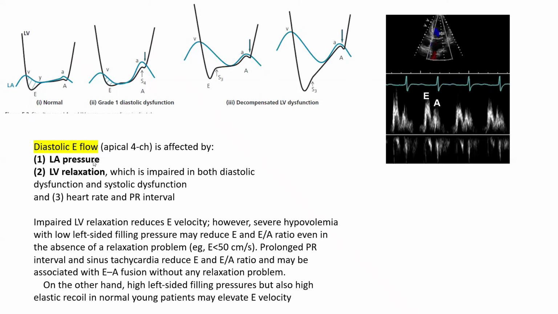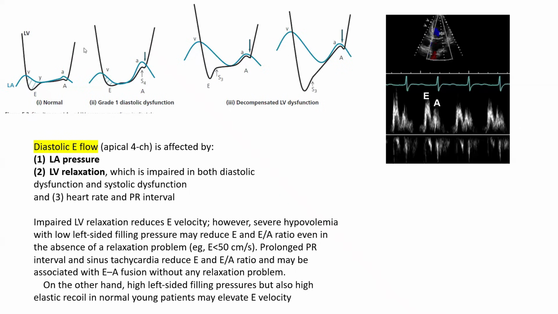But E wave is also, more importantly, determined by LA pressure. The higher that LA pressure and the V wave, as you see here, the higher the E velocity. The higher that V wave, the higher that E velocity. So E is determined predominantly by LA pressure and by LV relaxation.